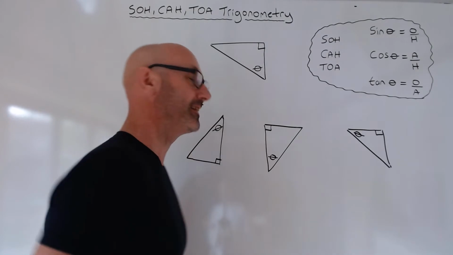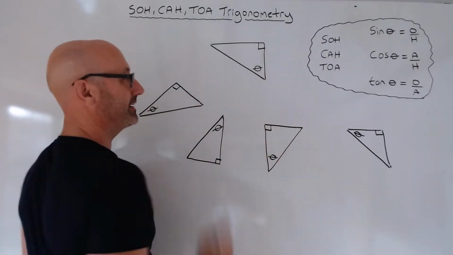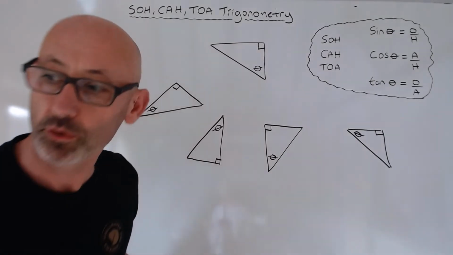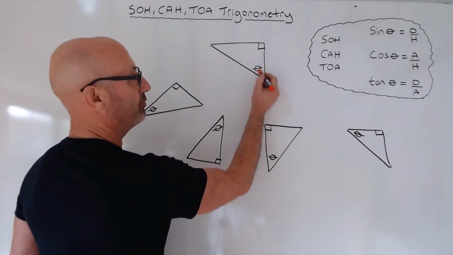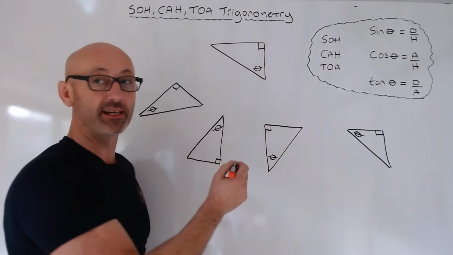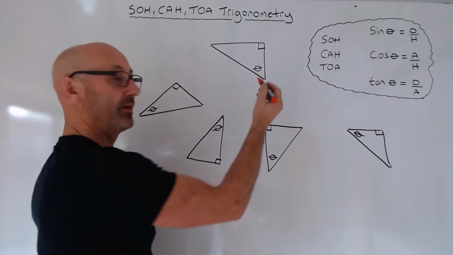Okay, Nina, you might want to look at this. If we've got a triangle here, then we've got to label it. So here is the angle. Which side do you think is the opposite to the angle? The top left-hand side.